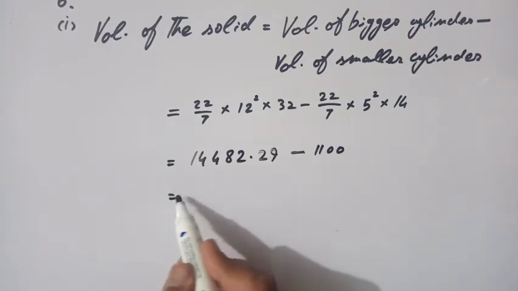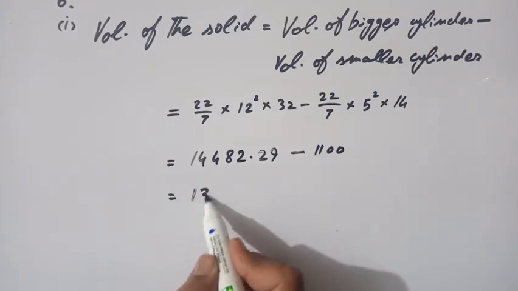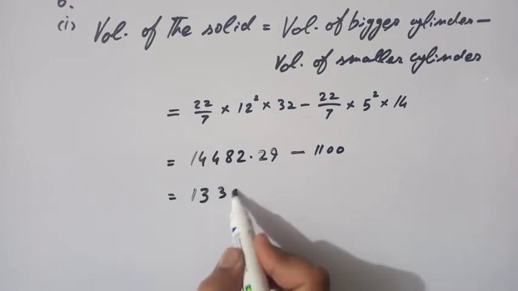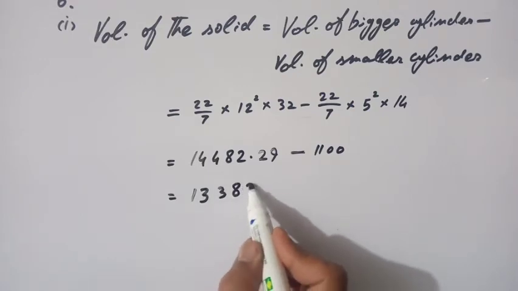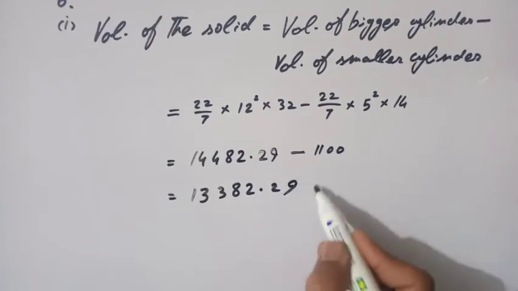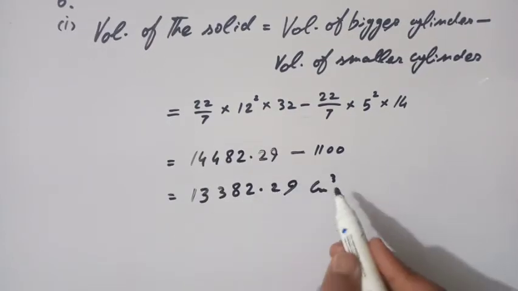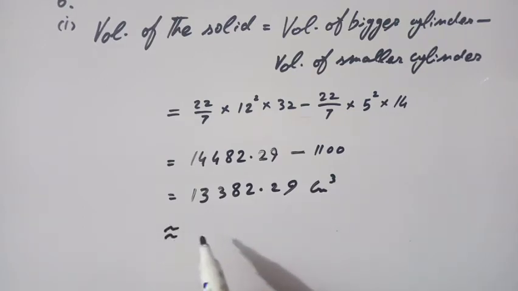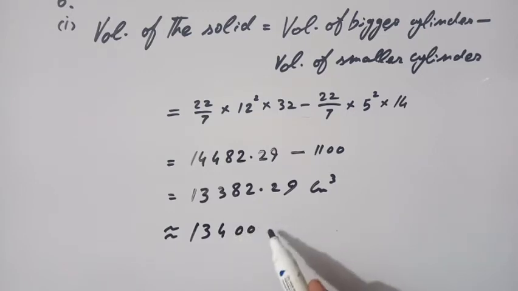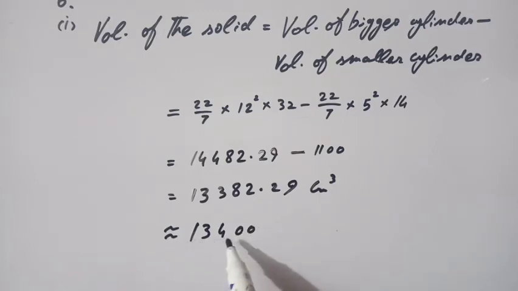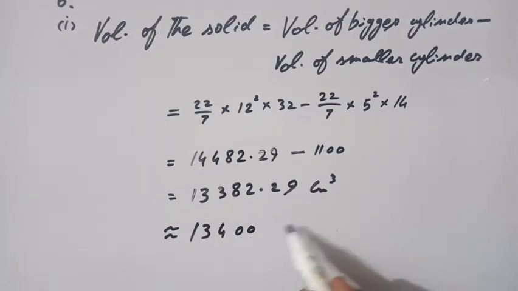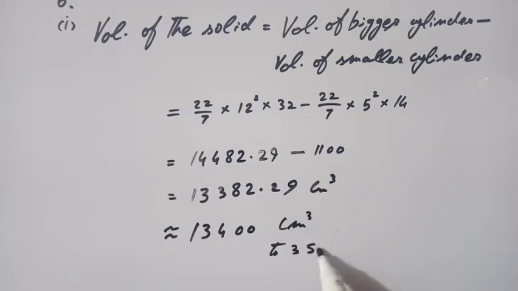Their difference comes 13,382.29 centimeter cube, and to 3 significant figures it would be 13,400 centimeter cube, right? This way the volume we have found.